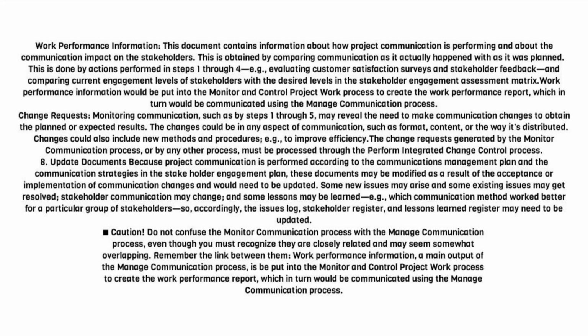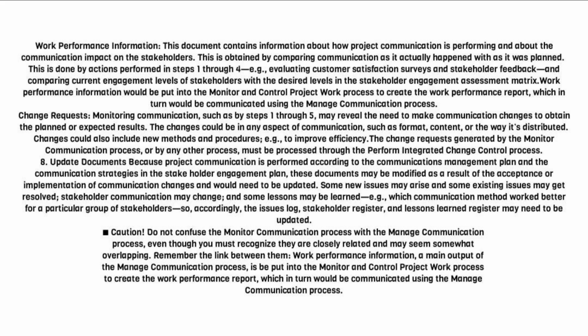Work performance information. This document contains information about how project communication is performing and about the communication impact on the stakeholders. This is obtained by comparing communication as it actually happened with as it was planned.